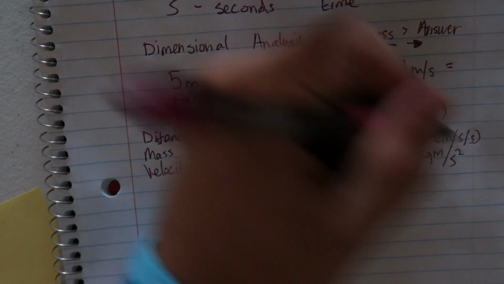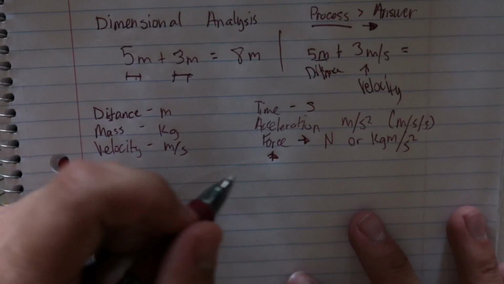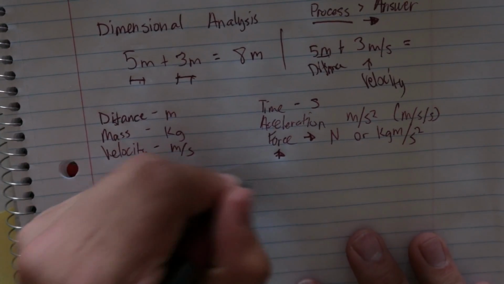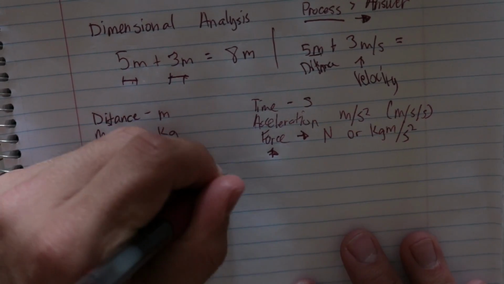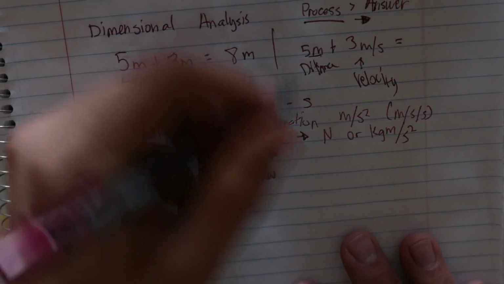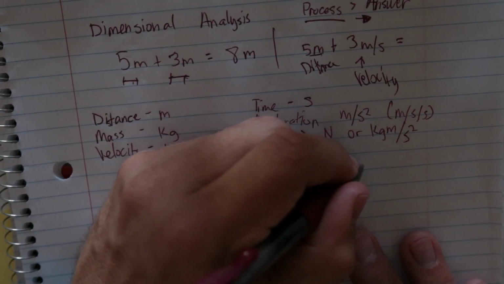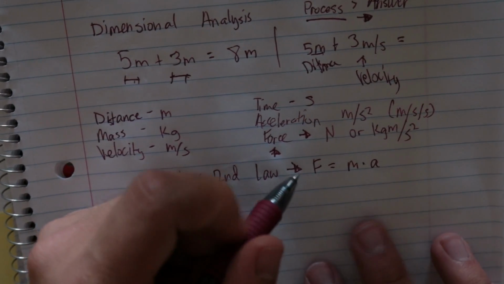squared on the bottom. For force here, a thing I want to make a note on is that if we look at Newton's second law, it tells us that force equals mass times acceleration, F equals ma.